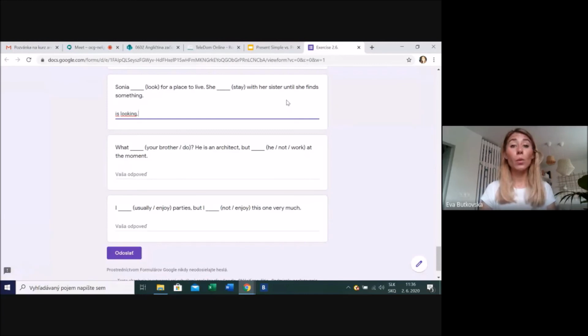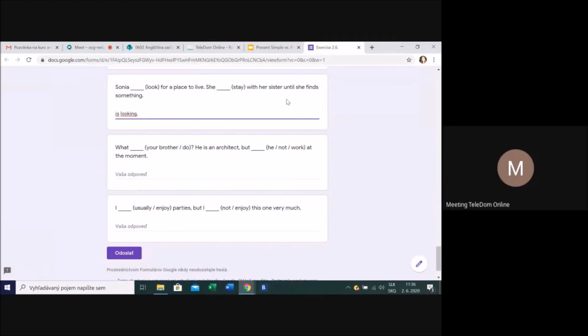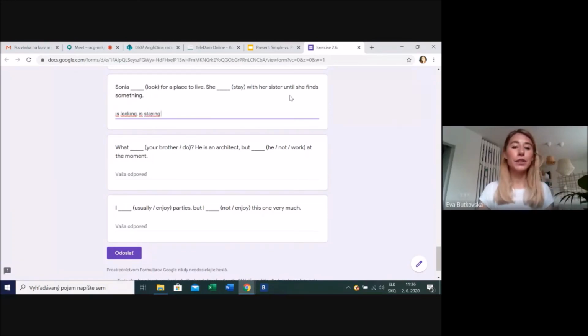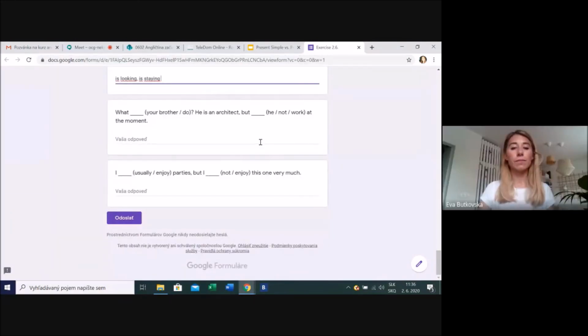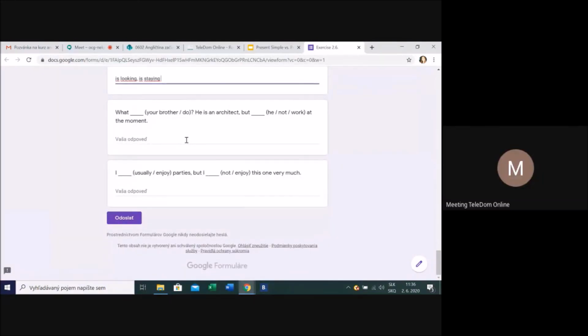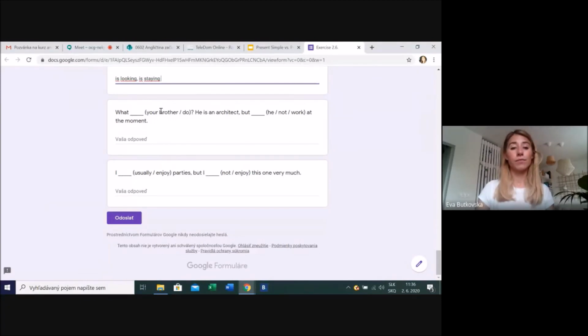And at the moment, she is staying. Very good. What about the next one? It's a question, so be careful. What does your brother do? He's an architect, but he, it should be negative, at the moment.